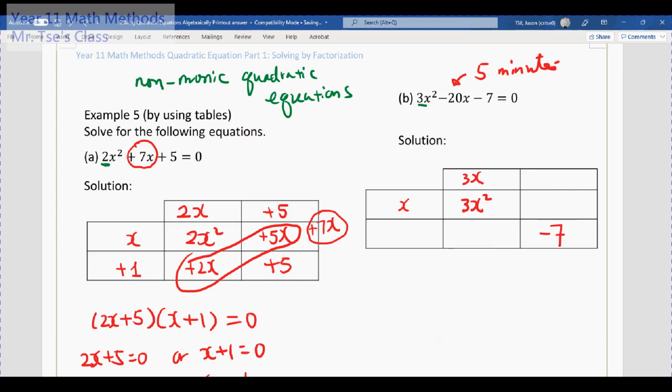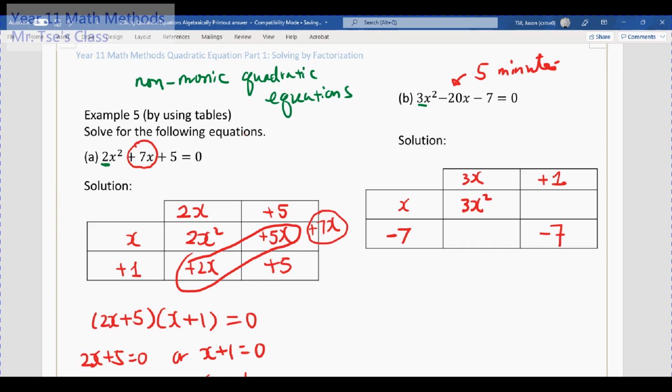For the last attempt, we see that if you put 7 to x, then you won't get anything near 20. So how about this time I get 7 over here, I get 1 here, and because the middle term is negative, I will try to put the larger number negative and the smaller number plus.